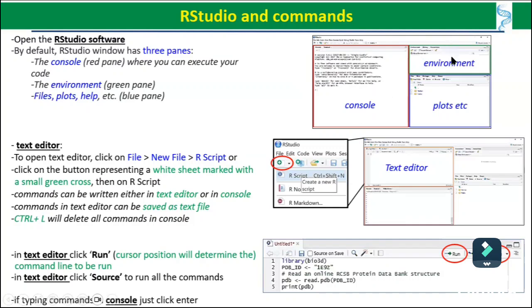This is the console, the one on the top is environment, and the one on the bottom is plots. We call it plots because if you want to visualize any graphics, plots and tables, they will all show up here on the bottom right. Usually you can write commands in the console in this panel.